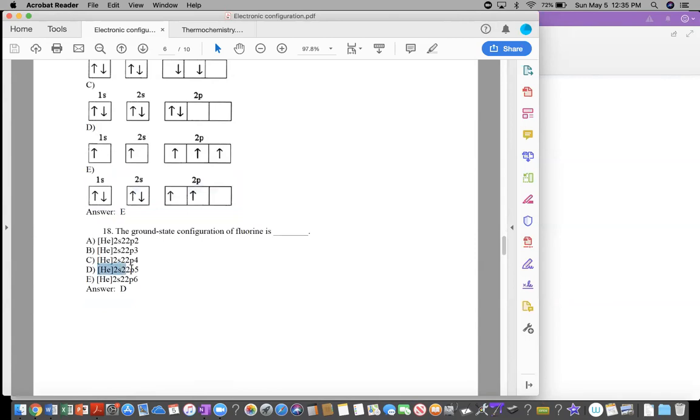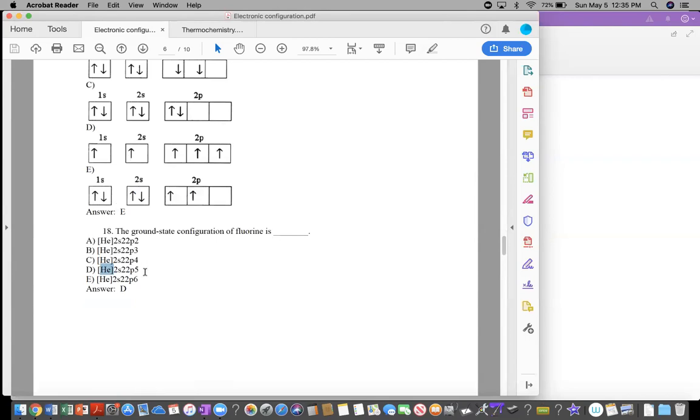This is the abbreviated way of writing electronic configuration, because helium is 1s2. So instead of 1s2, you can write the noble gas first, and then whatever your atom has extra than the noble gas, you just write that.